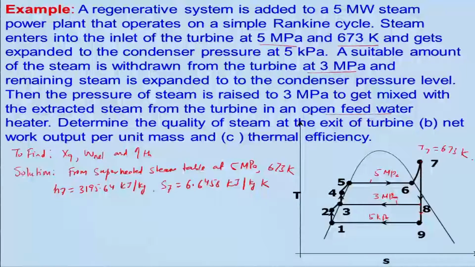For that I need to know this state, that means the quality at station 8 and also at 9. How will I get it, because it is not given in the problem?